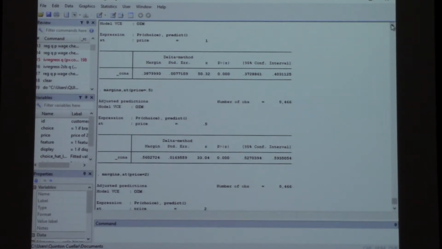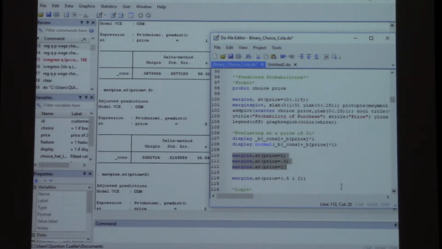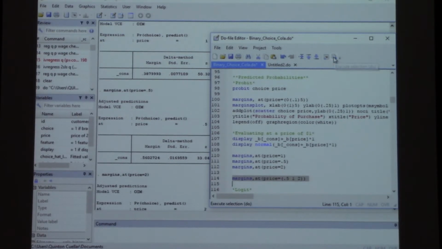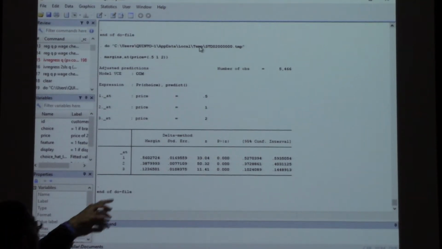And you can give a table of probabilities, but I still think the graph, the visual, is much better. By the way, you don't have to do this in, I'm just showing you the hard way to do it. Here's the easier way to do it. You can put all three prices in there. And now you can have a table of probability.